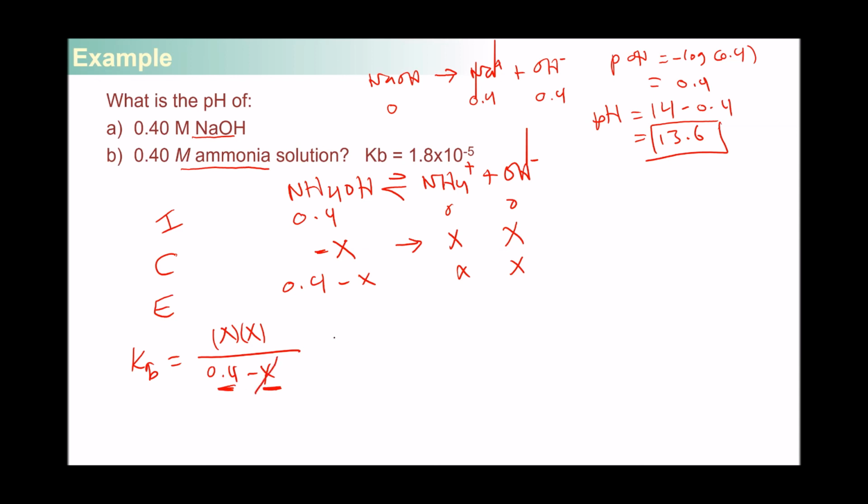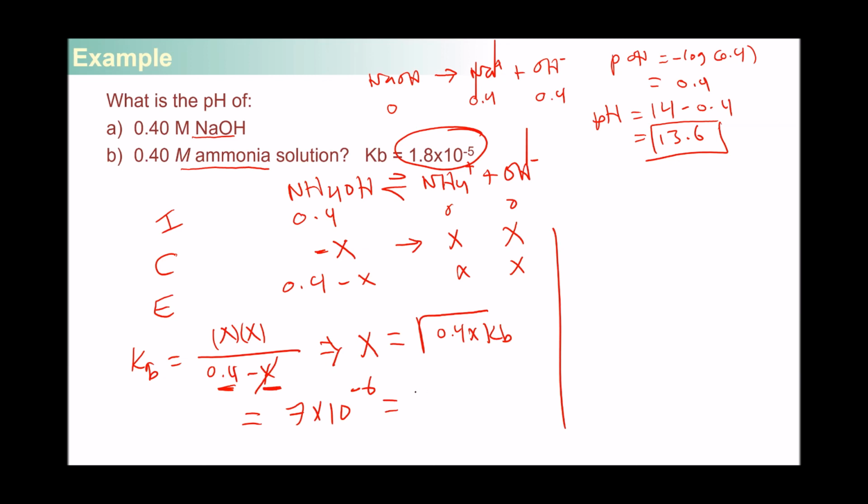And that will make the calculation significantly easy, because from this, you can calculate X, which is gonna equal the square root of 0.4 times Kb. And you just use the value for Kb from here, and that is gonna give you the value for X, which is 7 times 10 to negative 6. And that is the equilibrium concentration for hydroxide ions.